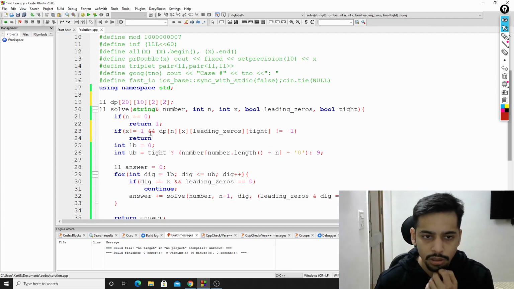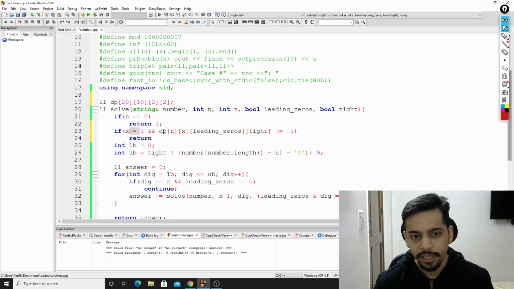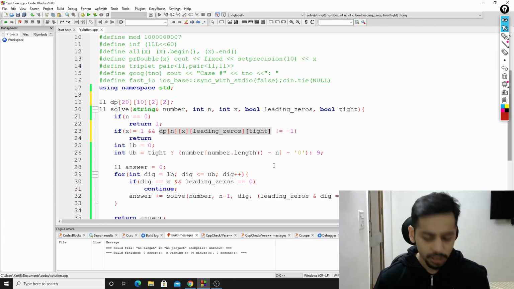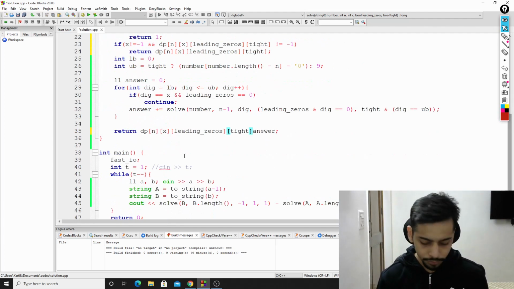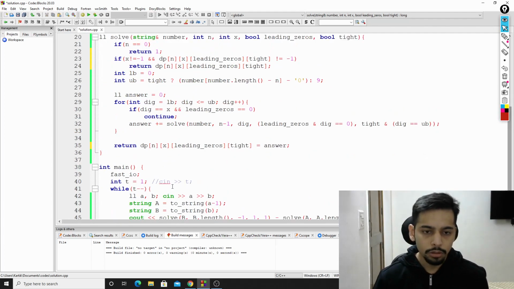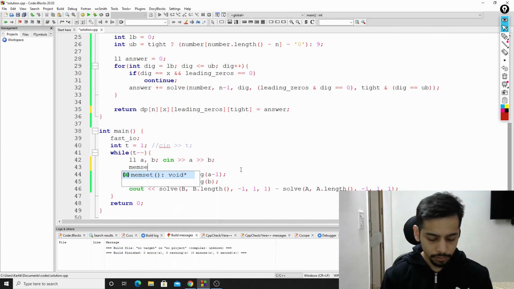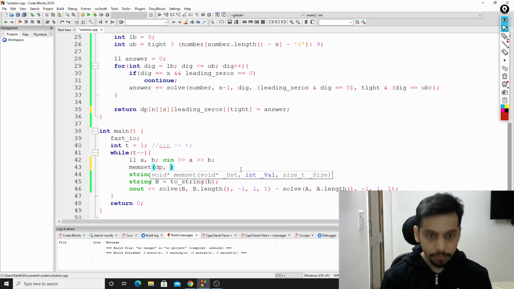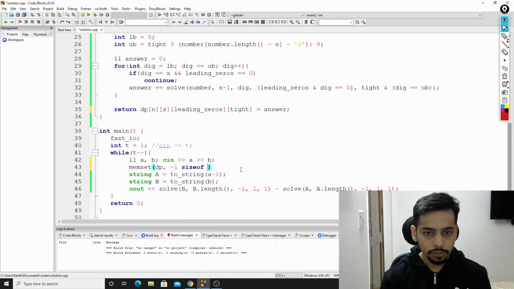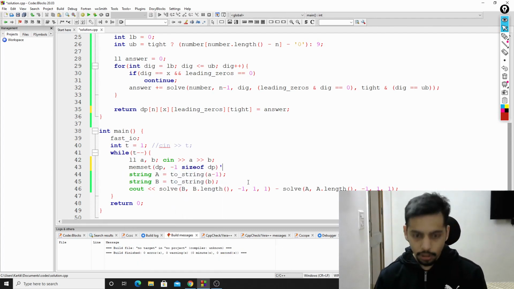I'm checking x is not -1, otherwise I'll get a segmentation fault if I put in a -1 in this thing, right? So if I've solved this subproblem before, do not solve it again and just return the answer. Otherwise, calculate the answer, store it, and return it. Also initialize this array to minus 1. Yep, I guess this should now work.